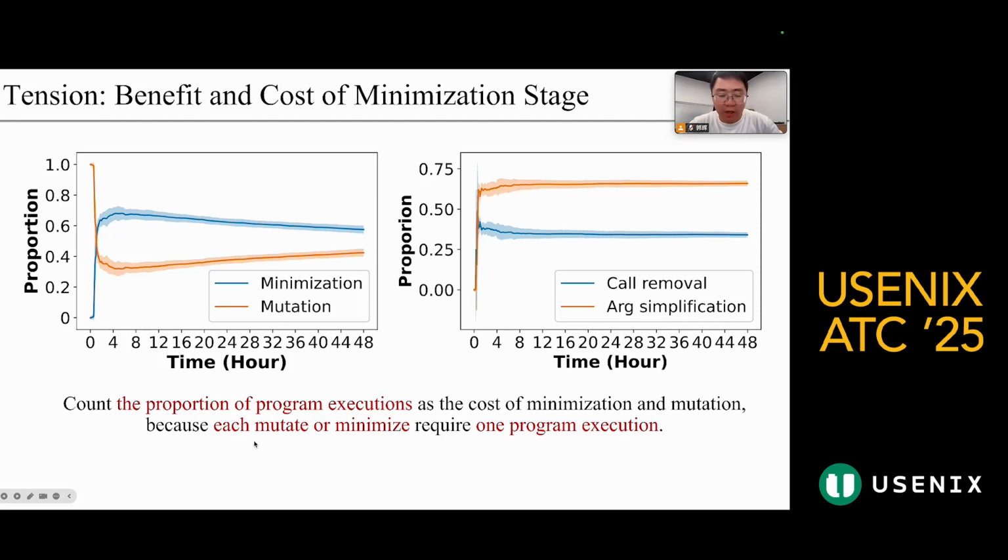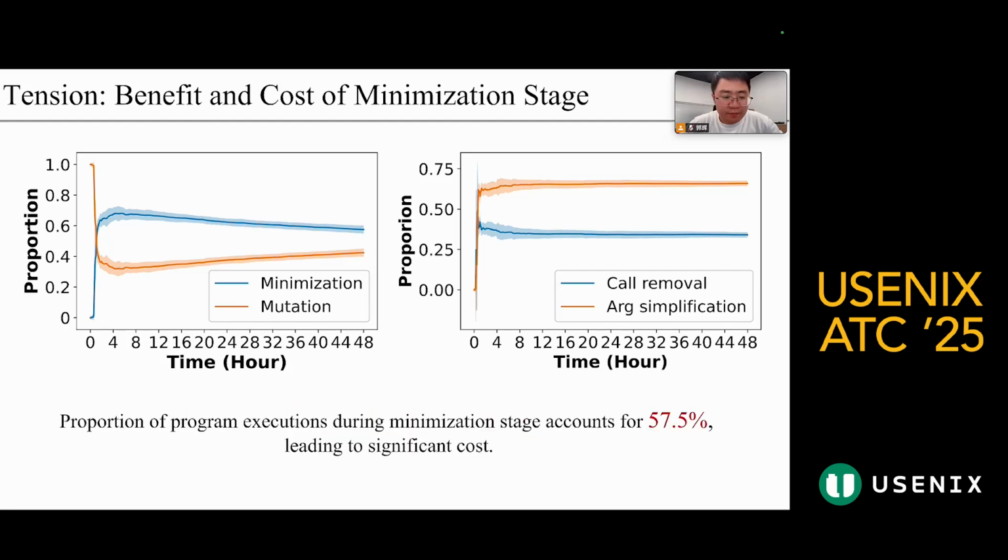In this experiment, we count the proportion of program executions as the cost of the minimization stage and the mutation stage, because each mutation or minimization requires one program execution to verify the target call is returned. The result shows the proportion of program executions during the minimization stage accounts for 57.5%, leading to significant costs.